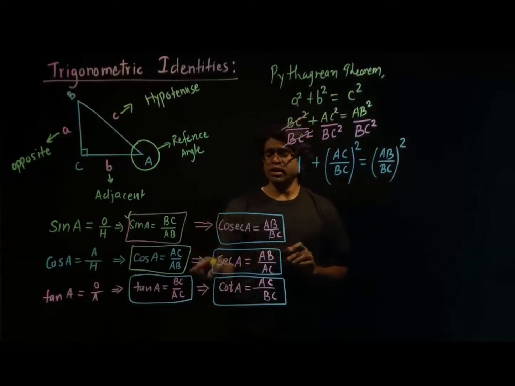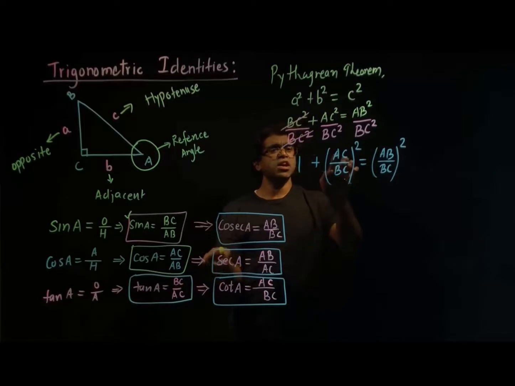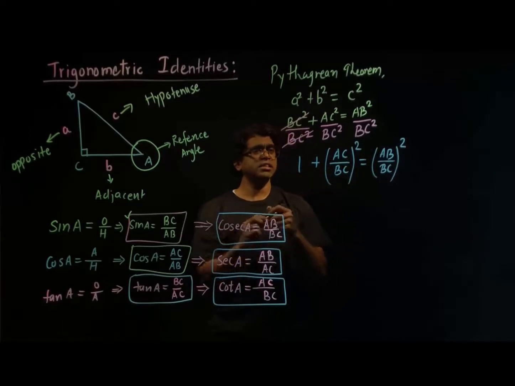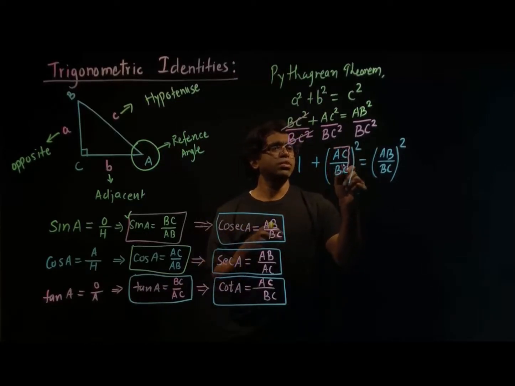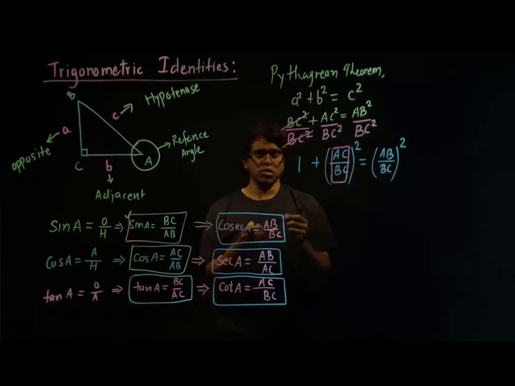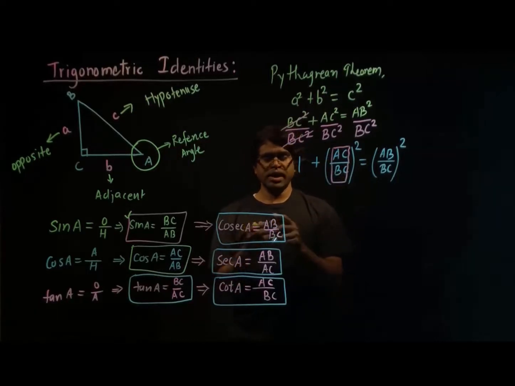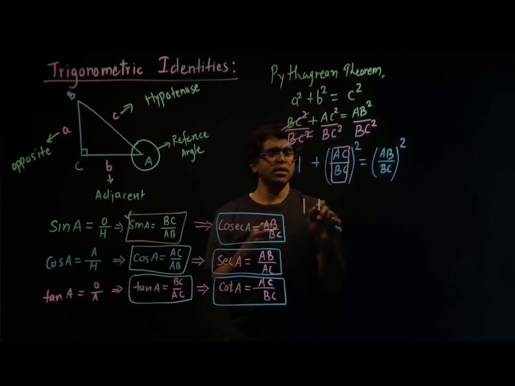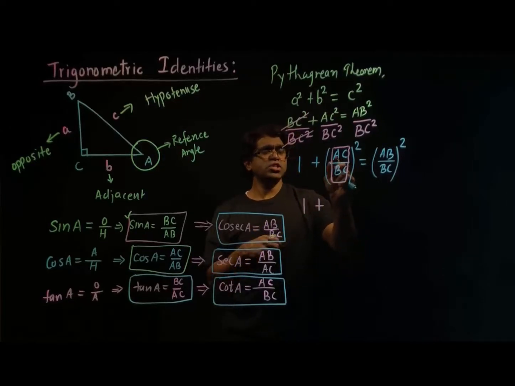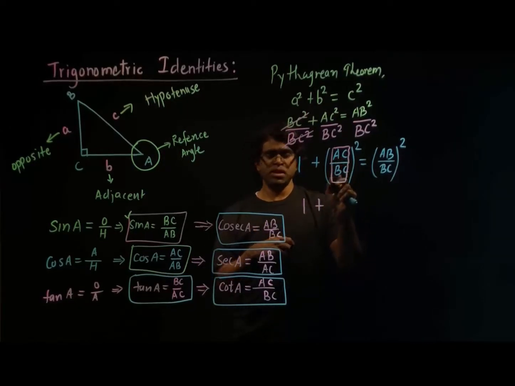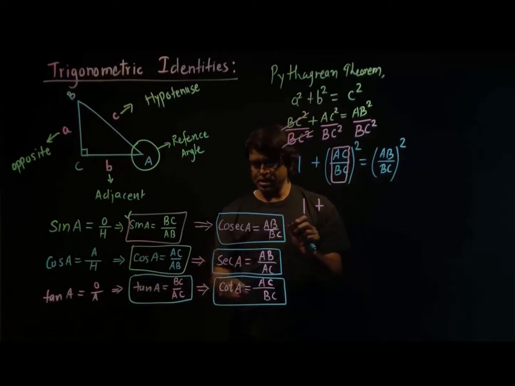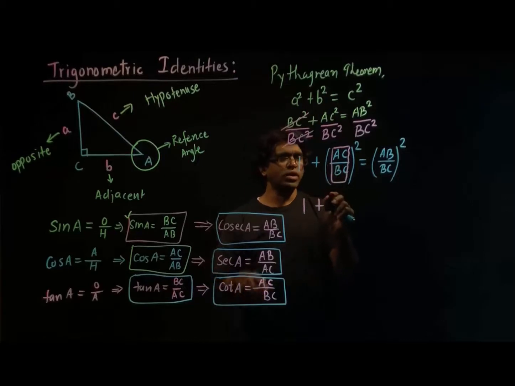Now let's look at these trigonometric ratios and see which one matches. Let's see which trigonometric ratio is AC over BC. As you can see, cotangent is AC over BC. So I'm going to write cotangent for this ratio.